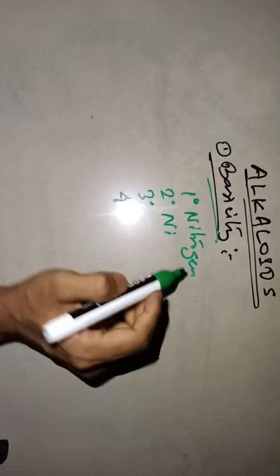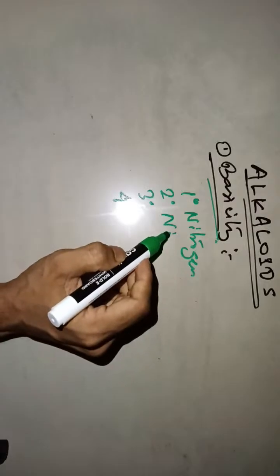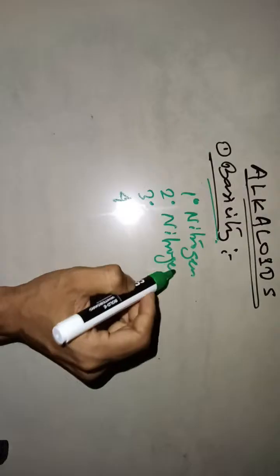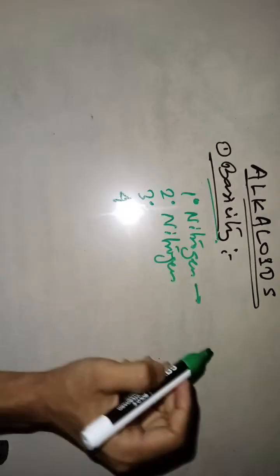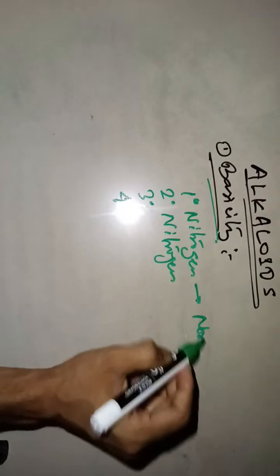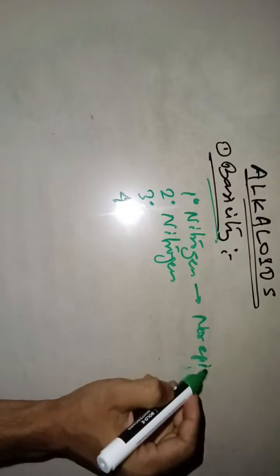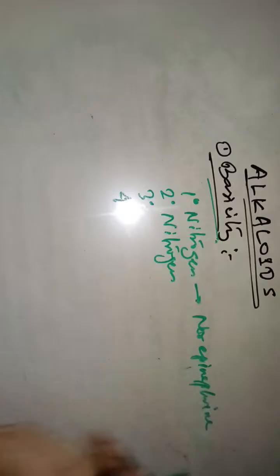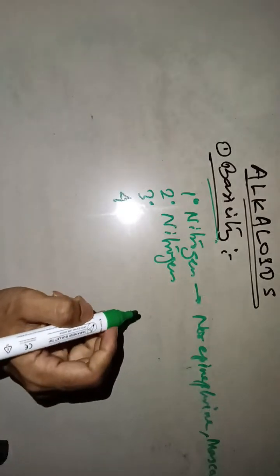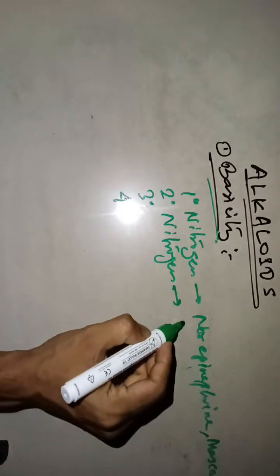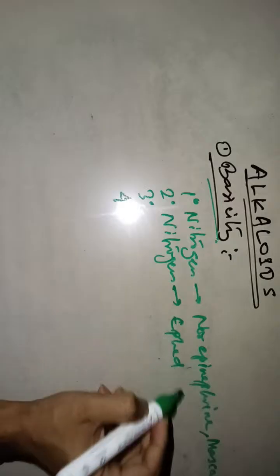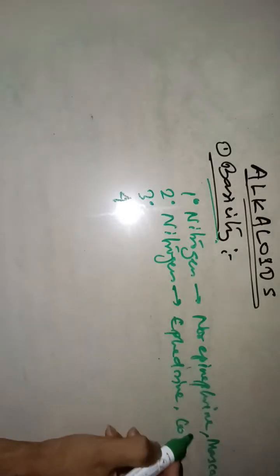Secondary nitrogen is present in muscarine as well. Secondary is present in ephedrine and colchicine.